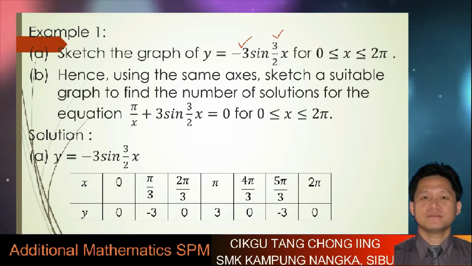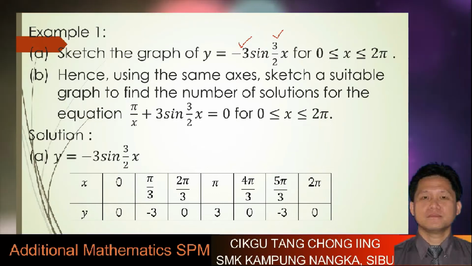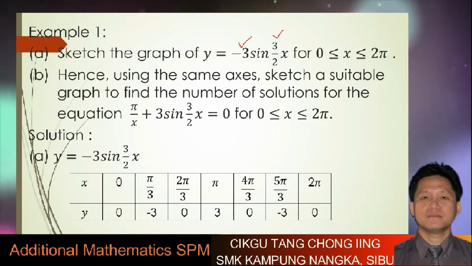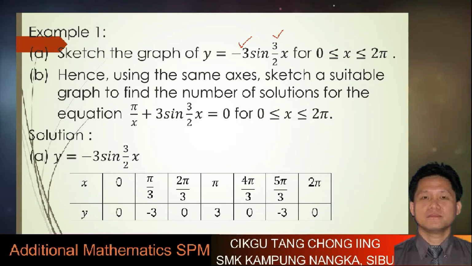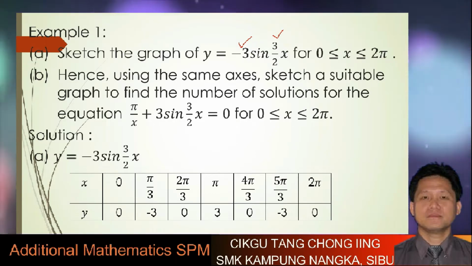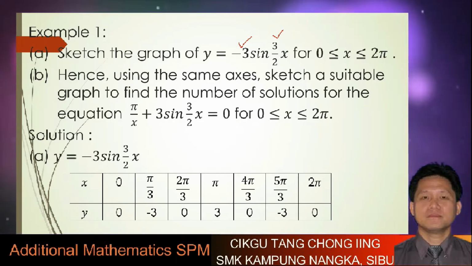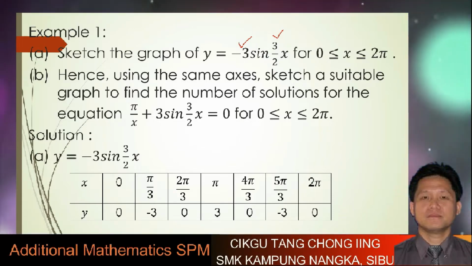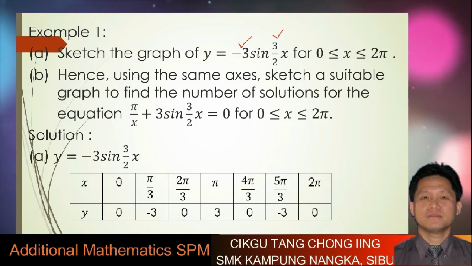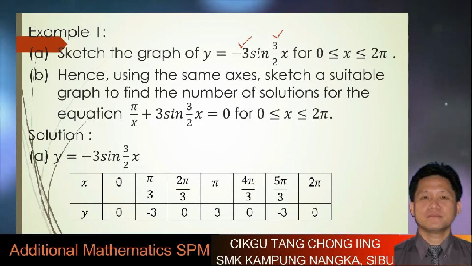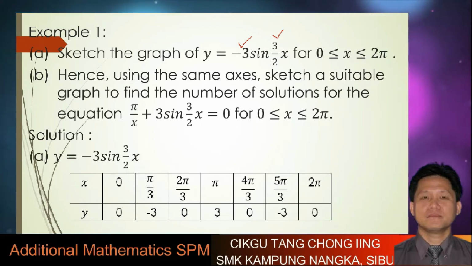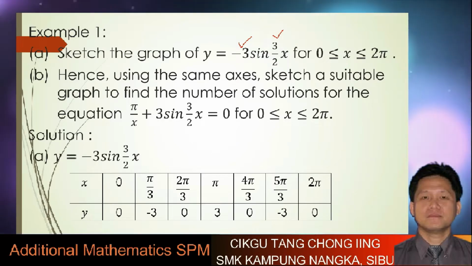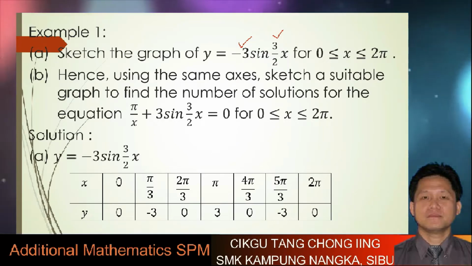A difference of pi/3, 1/3 pi. And then use the values of x here, substitute into the function, and you will get the values of y. And then you have 0, 0, and x equal to pi/3, then your y equals -3, and so on. When you have this table, then you are able to sketch the graph correctly. Alright?